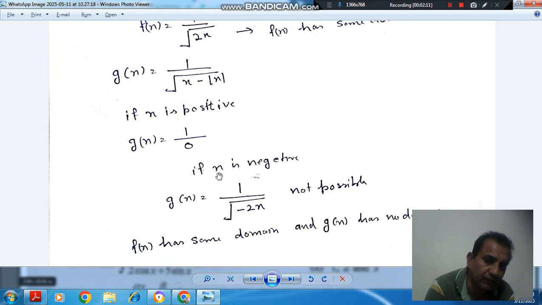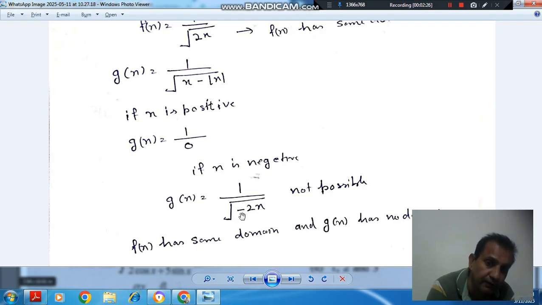And when x is negative, then this quantity will be negative and this will be negative already because the negative sign is there. So it will be 1 by root of minus 2x. Here x is only the magnitude.